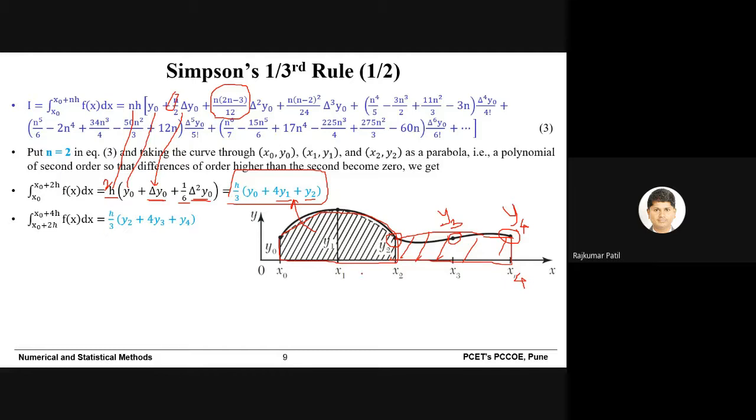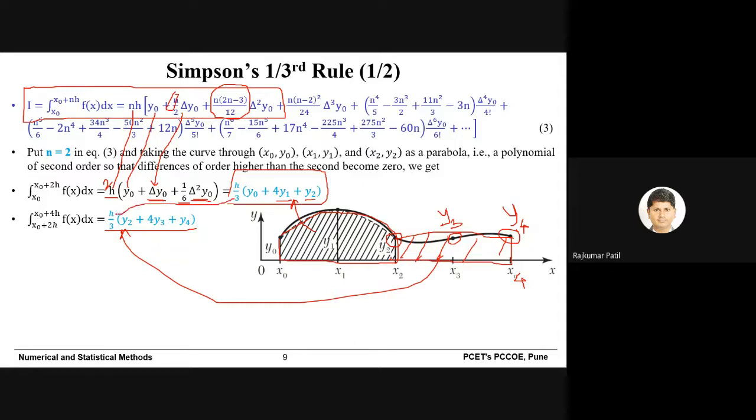So we will just consider the factors corresponding to equation number 3, and upon simplification you will get the area under the curve as h by 3 into bracket y2 plus 4y3 plus y4, where you can find some similarity between these two equations.